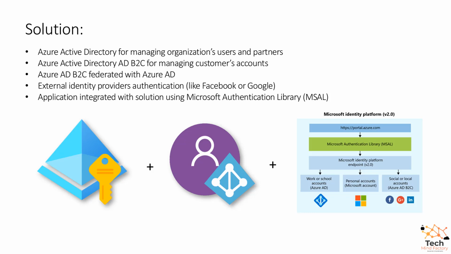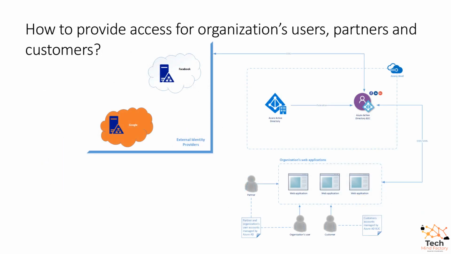We can easily integrate those applications with the Azure Active Directory and Azure Active Directory B2C identity services. If we look at this diagram, we will see a possible solution for our question: how to provide access for organizations' users, partners, and customers.